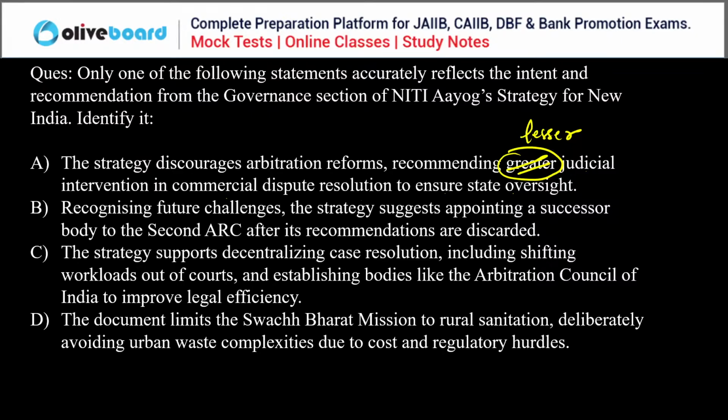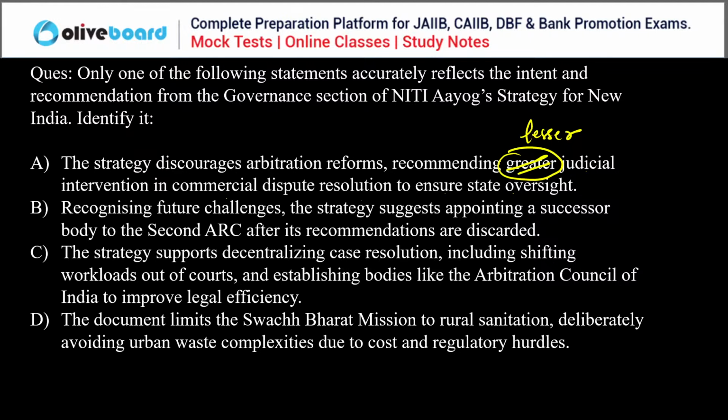Now, B, recognizing future challenges, it suggests appointing a successor. First of all, this part is correct. It suggests first to implement the second ARC recommendations and then appoint the successor to address new era reform.